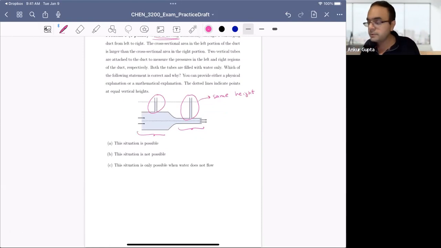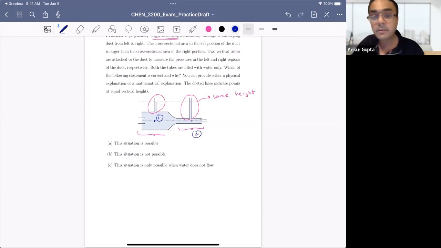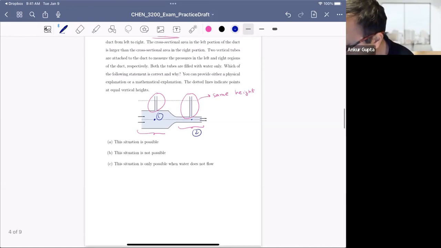There are two tubes which are measuring pressure, and we have been asked to find which one is okay. So the way to think about this is, we see a point 1 here, a point 2 here. There is the same height, with water flowing horizontally along this dotted line. We'll say P1 plus rho V1 squared by 2 is equal to P2 plus rho V2 squared by 2.